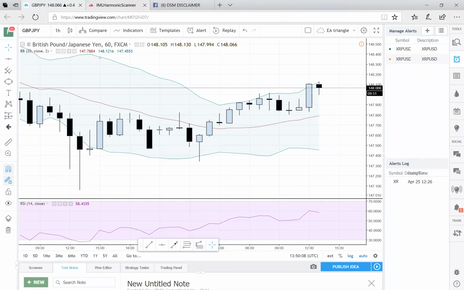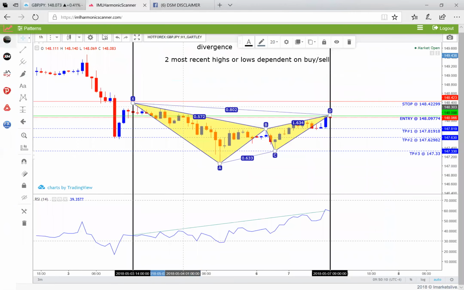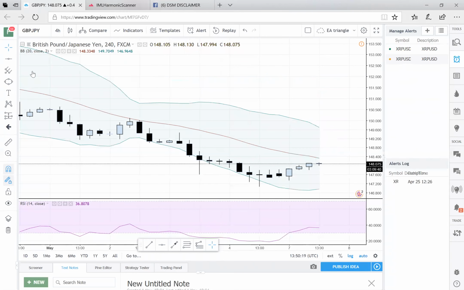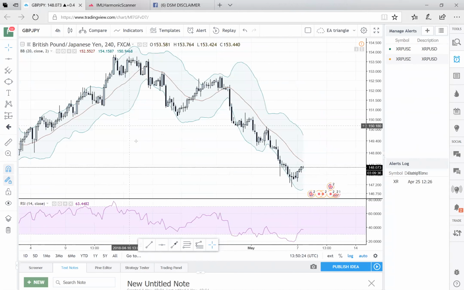Right now this is calling the sell on the 1 hour. So what does that mean? Well, that means I'm going to analyze on the 4 hour. So I got the GBP JPY set up here. We're going to analyze this pair on the 4 hour.